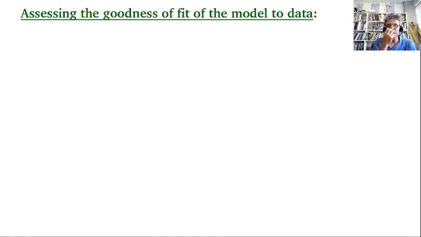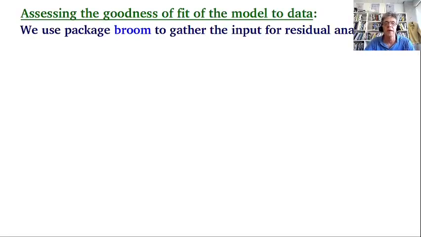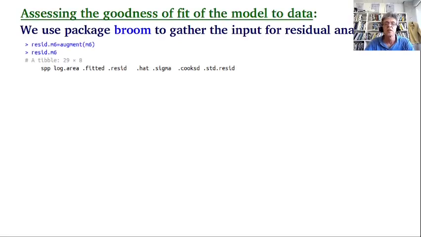In order to assess the goodness of fit, I do the residual analysis using the package broom to gather the input. This variable here is the deviance residuals, which are not recommended to assess the goodness of fit of a GLM.